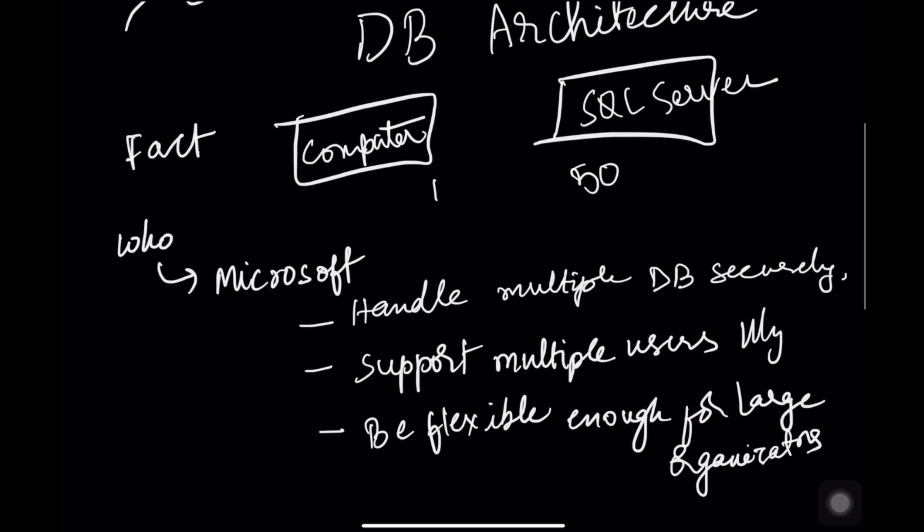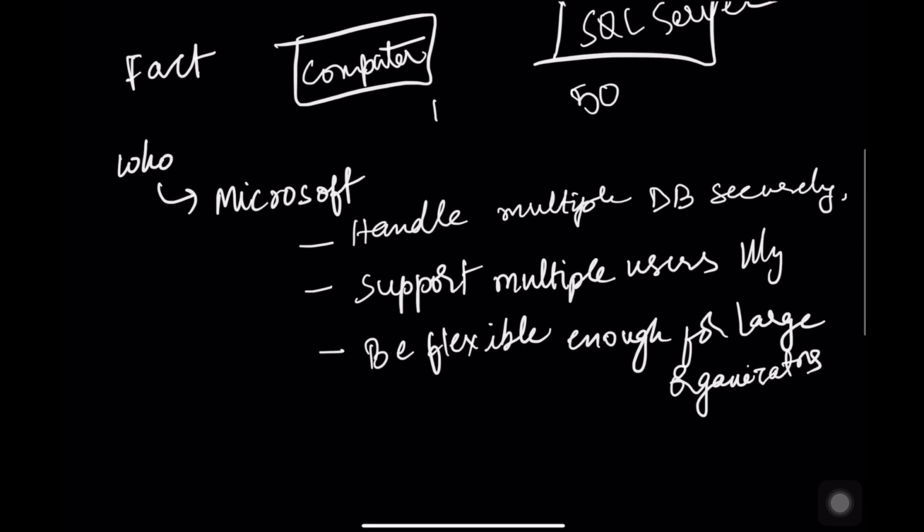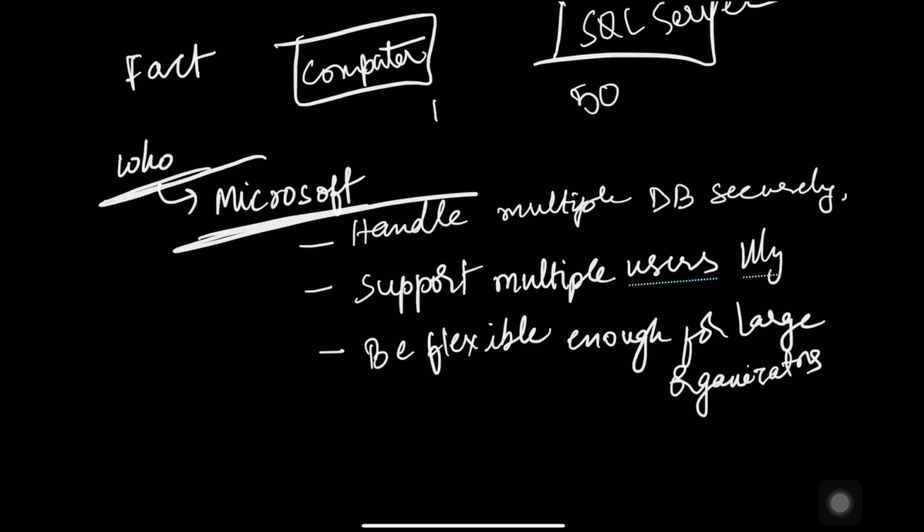So let's decode why it was designed. It was designed by Microsoft, based on the principles of the rules given by E. F. Codd called the relational model. So Microsoft's goal was simple: to create a powerful enterprise-level relational database system that could handle multiple databases securely, support multiple users simultaneously, and be flexible enough for large organizations.